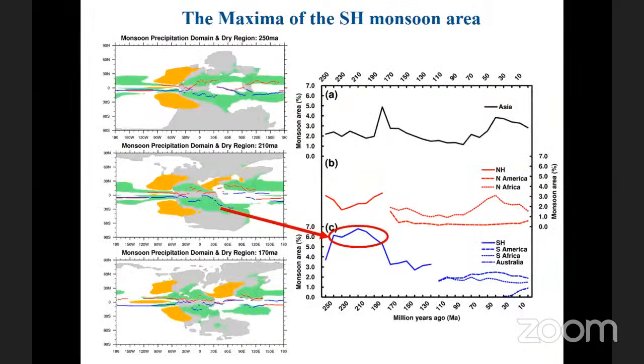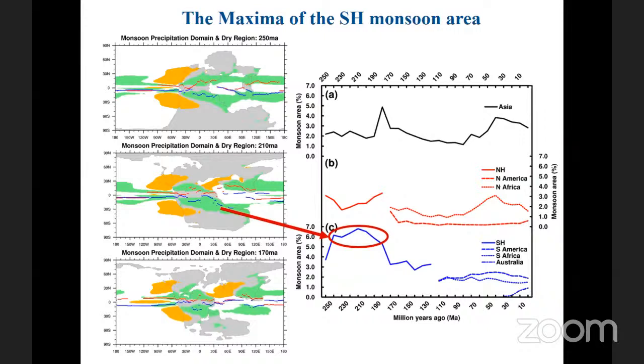Then we look at the southern hemisphere monsoon area. We can see at 210 MA, there was a very large monsoon area. However, for 250 MA or 170 MA, the monsoon areas are much smaller.